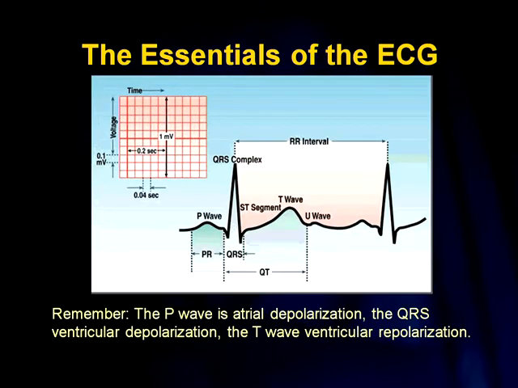Very basic, and for most of you, you know this already, but I just want to make sure everybody remembers: the P wave represents atrial depolarization, the QRS complex, ventricular depolarization, and the T wave is ventricular repolarization. And remember those boxes on the EKG strip. Each little box is 0.04 seconds or 40 milliseconds, and the big box distances are 0.2 seconds, just to refresh your memories a bit, okay?